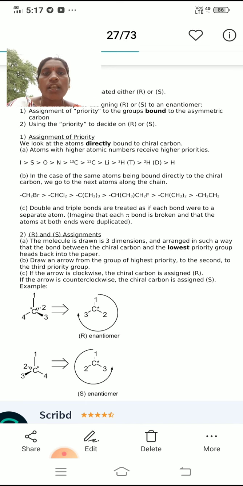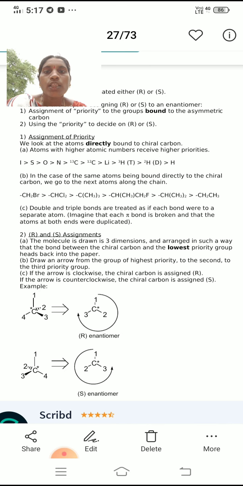Next, if the atoms directly bonded to the chiral carbon are the same, we go to the next atom along the chain. For example, CH2Br and CHCl2.